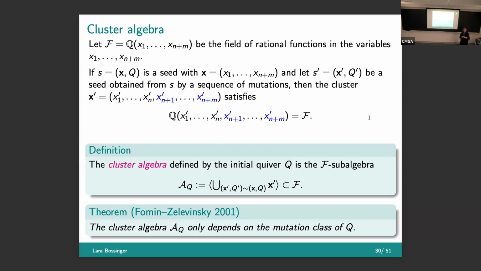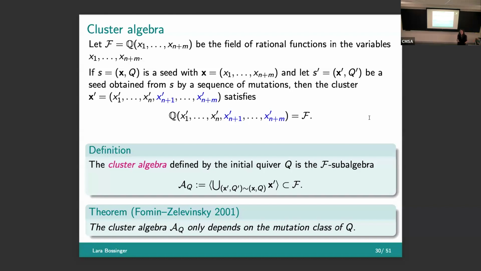Apologies if you're just answering this, but when you do these mutations, you don't change the field, right? It stays the same. Is that surprising? My algebra is not that great. If you were to randomly make rational functions of your variables, you would get different fields in general. Right? In particular, whatever seed I have, the collection of cluster variables are algebraically independent in that field, which is not clear from the mutation process.